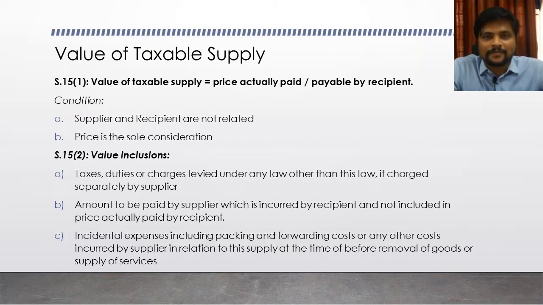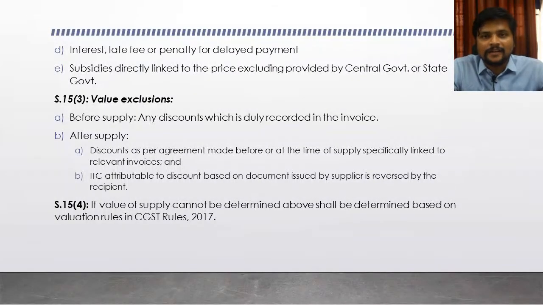Next, fourth item, any interest or any late fee or any penalty charged by the supplier for any delayed payment made by the recipient. Clear? The supplier is supplying the goods or services. For that, the consideration has to be paid by the recipient of supply.